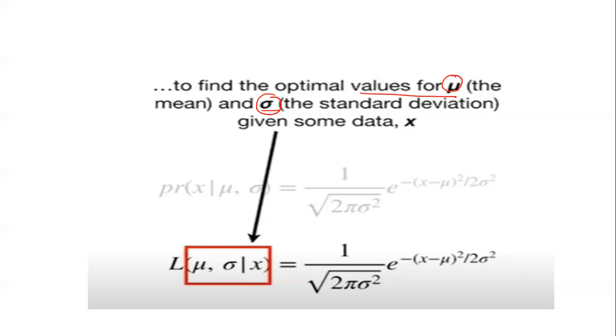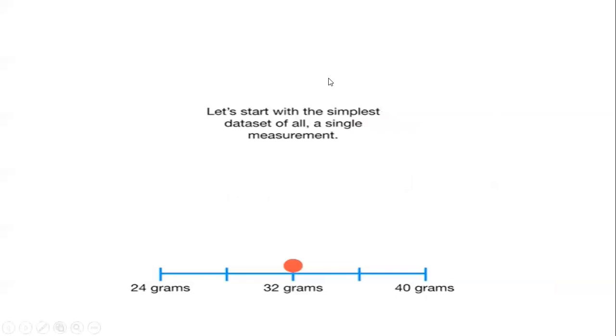That's the whole concept. Given the data, we want to find the distribution. Data is given, but we are asked to find the distribution. For this data, what is the correct value of mu and sigma? That's what we are expected to find.